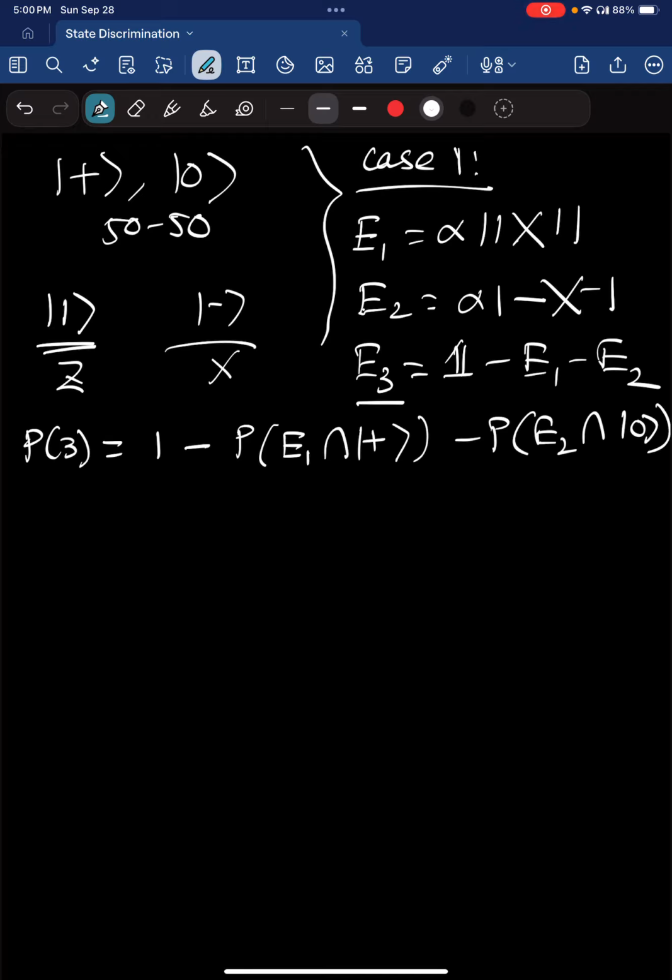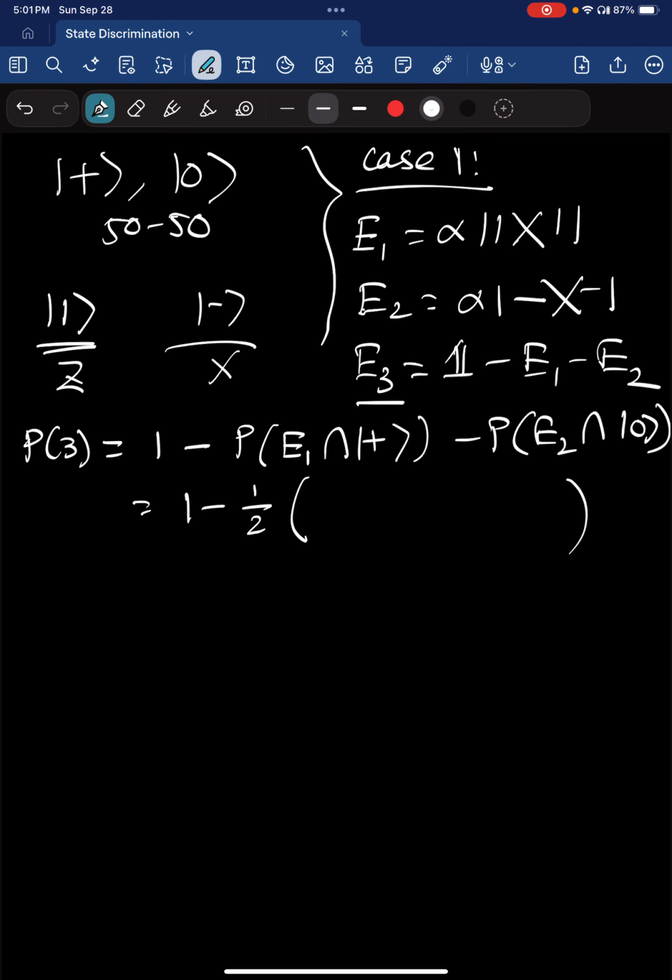And if we try to calculate that, then this becomes the probability of getting plus, which is half, and then the probability of getting E1 given this is plus, and then we have basically the half. We can already see that alpha will be common here, right?